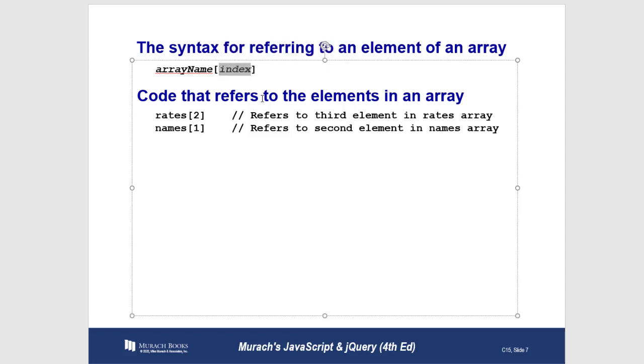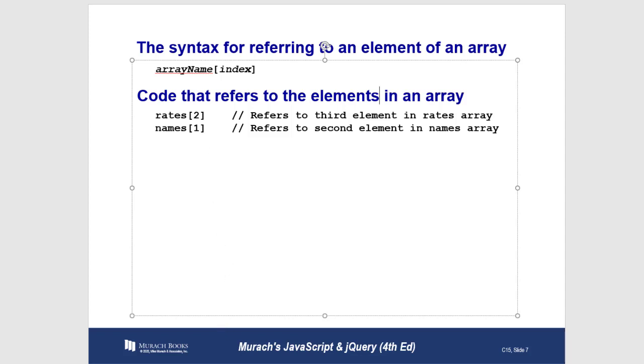So here's code that refers to the elements in an array. Now, you might think this is a typo because it says third element and it's showing a 2, and it says second element and it's showing a 1. But that's actually how it works. The index of 0 refers to the first element in the array. An index of 1 refers to the second element, then an index of 2 is the third, and so on.